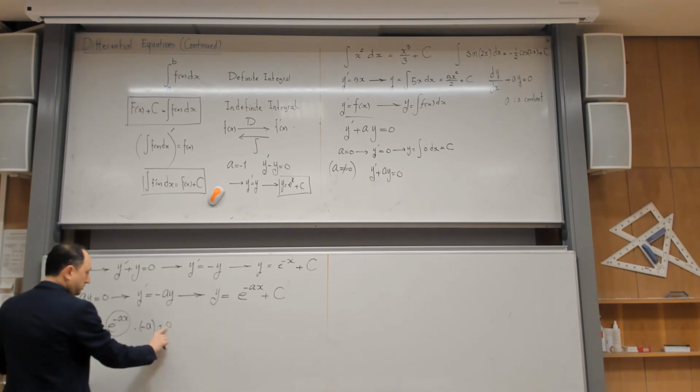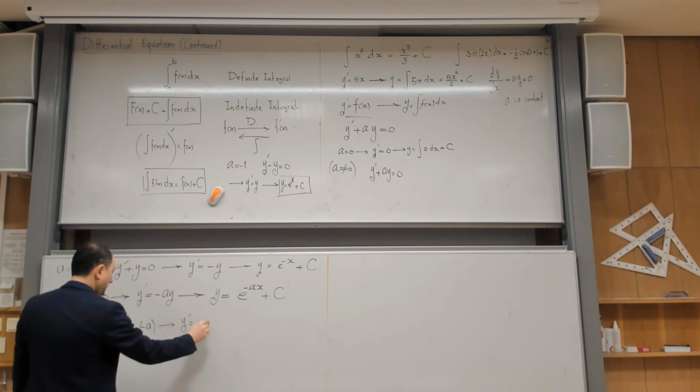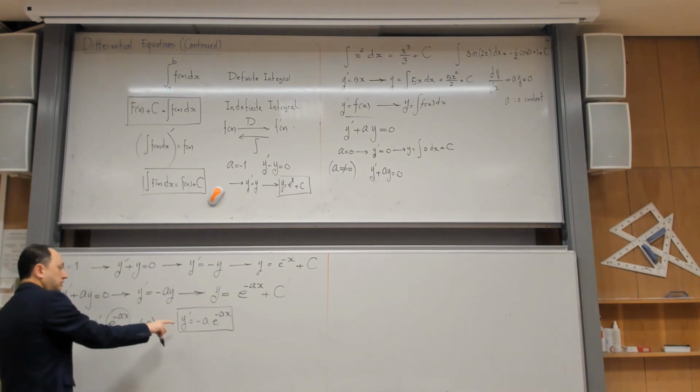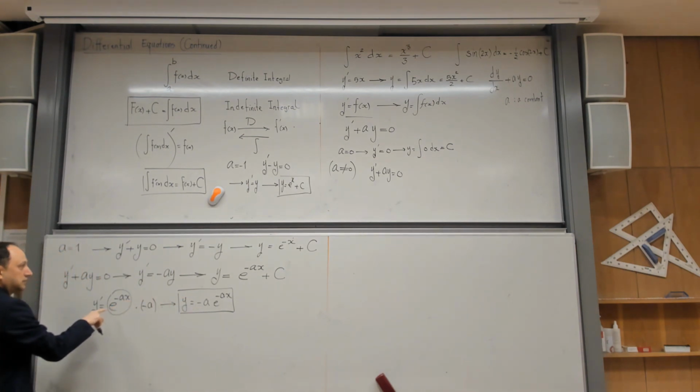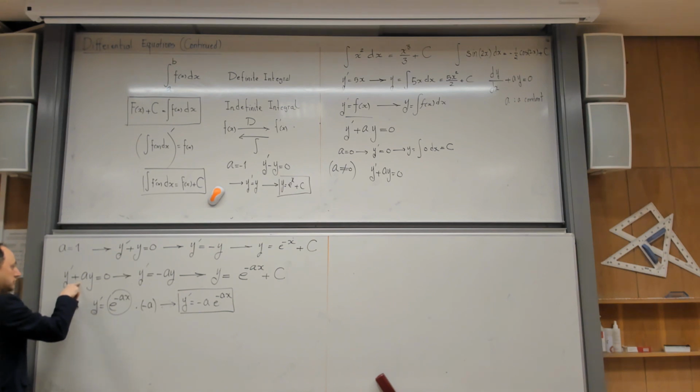So let me just write it. So this is the derivative. So the derivative becomes -a e to the power of -ax. Okay, and then I'm claiming that this is the solution of this differential equation. So I start from the left-hand side.